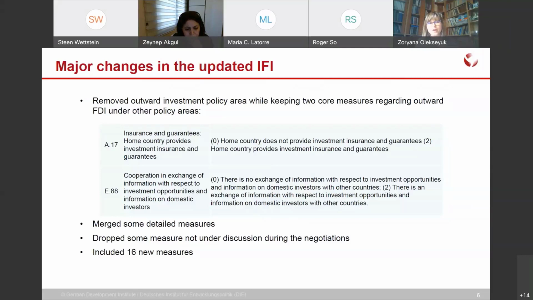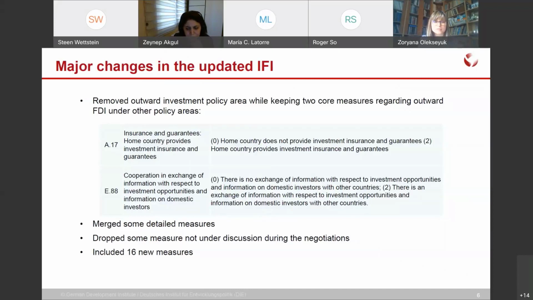So that's the way we try to keep it, because still outward investment should be part of the whole investment facilitation project, but obviously it will not be in the agreement. As far as it is not, that should be, I guess, enough to give some more information across the different countries.